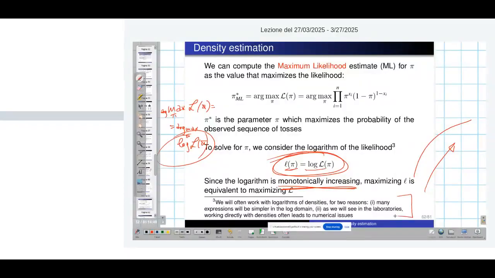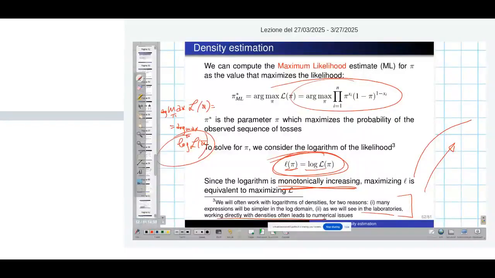Now, we will work with the logarithm of densities essentially throughout the course. One reason is that working with the logarithm of the likelihood gives us expressions that are easier to manipulate. Then we will see other reasons. Another reason is that working with probabilities numerically will easily lead us to underflow problems.